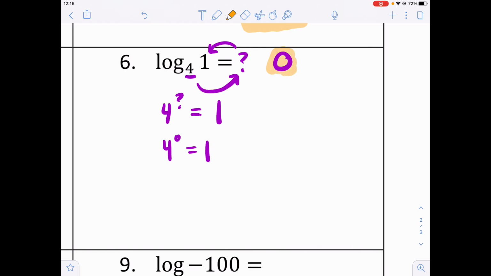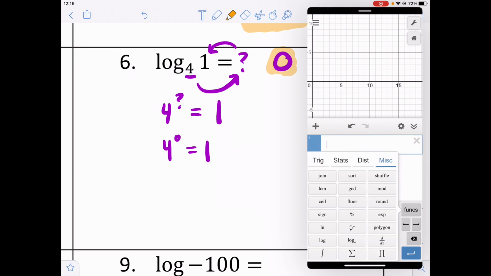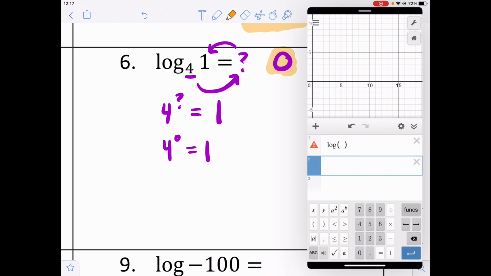We can actually do logs on our calculator. Desmos is nice because it does any base. If you click functions, in miscellaneous, we're going to click the second log. The first one is the common log. This one, we can put in our base, log base 4 of 1. We get 0. If we put in a negative, it's going to tell us undefined. If we put in a 0, it'll also tell us undefined.